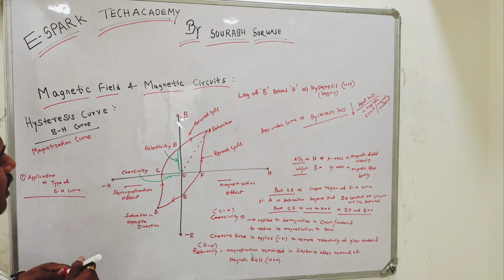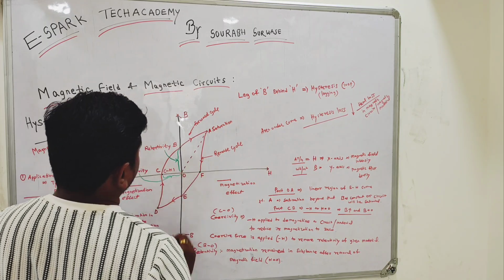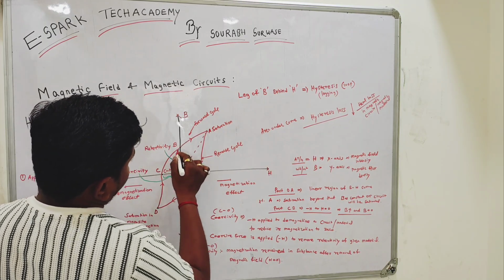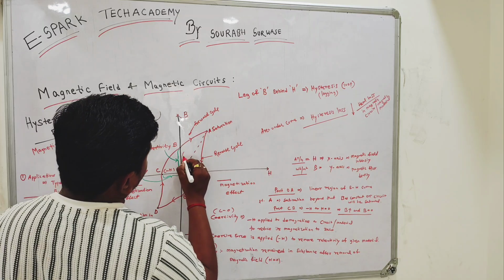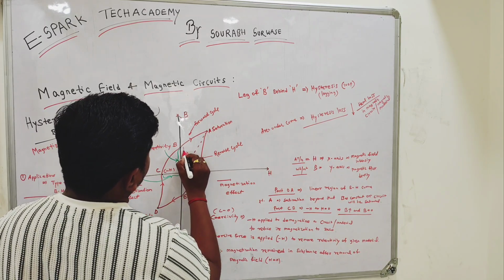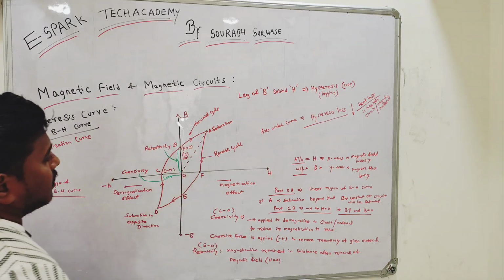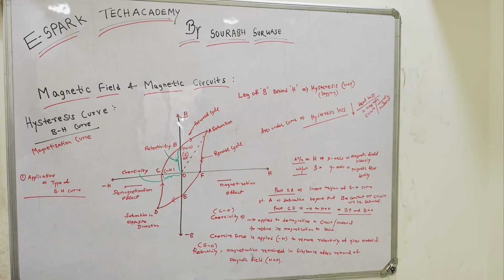OC is minus H here, and in this case B is present, but H is equal to 0 for this part. Please note it down very carefully because it is a very important concept.